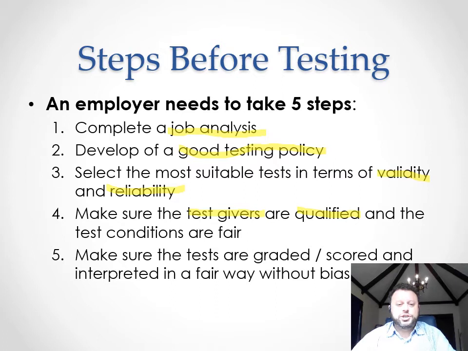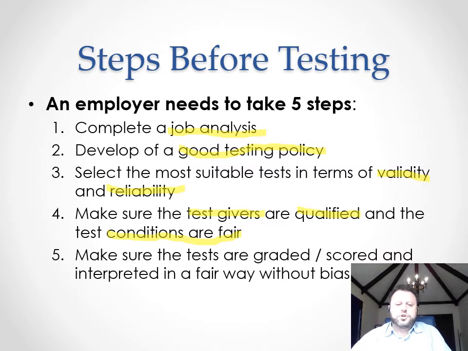Also, test conditions must be fair. You cannot give a test to one group of people at 9 o'clock in the morning and it's nice and quiet, and then give another test at 3 o'clock and there's construction outside and there's people screaming in the hallway and somebody brought their baby and he's crying. That's not fair, and that is grounds for a lawsuit.